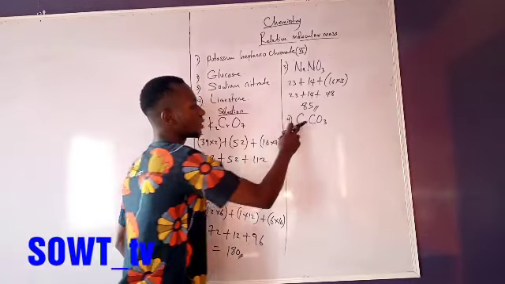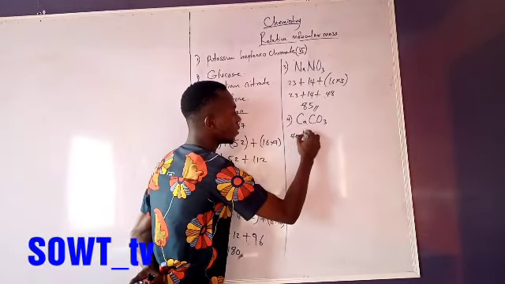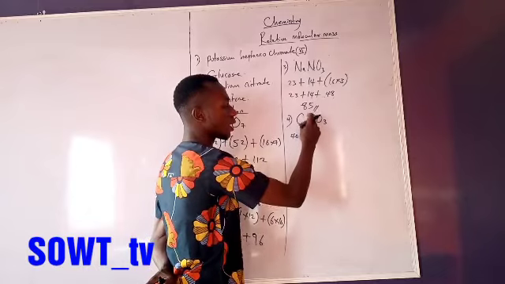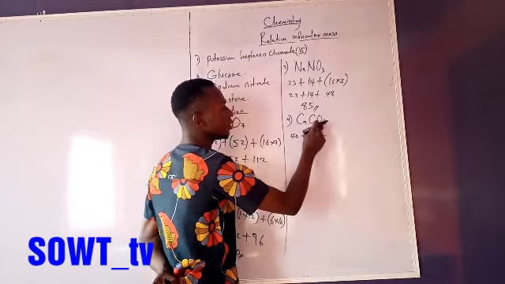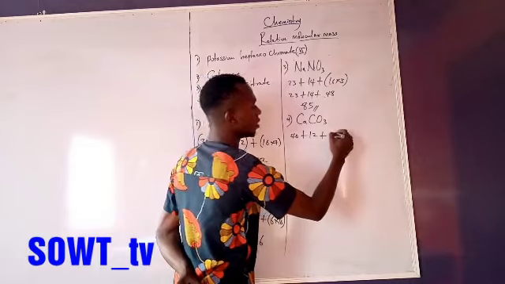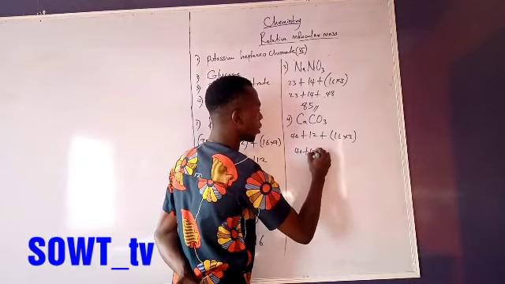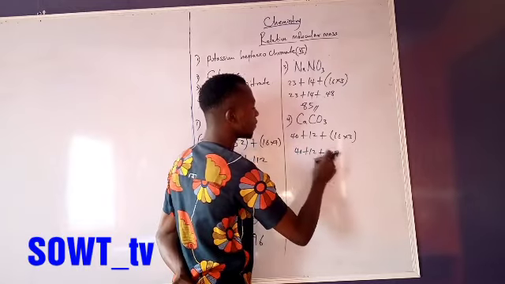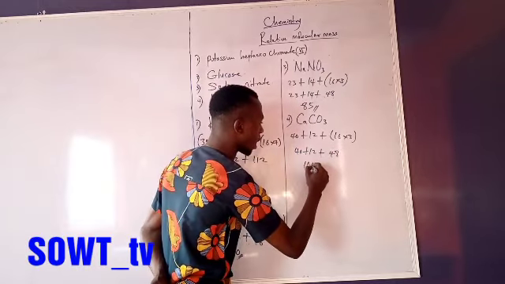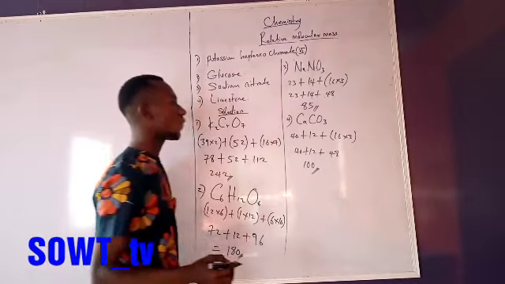So the atomic mass of calcium is 40, plus the atomic mass of carbon is 12, plus that of oxygen is 16 times 3. Then 40 plus 12 plus 48. Altogether, we have 100. So that is the final answer.